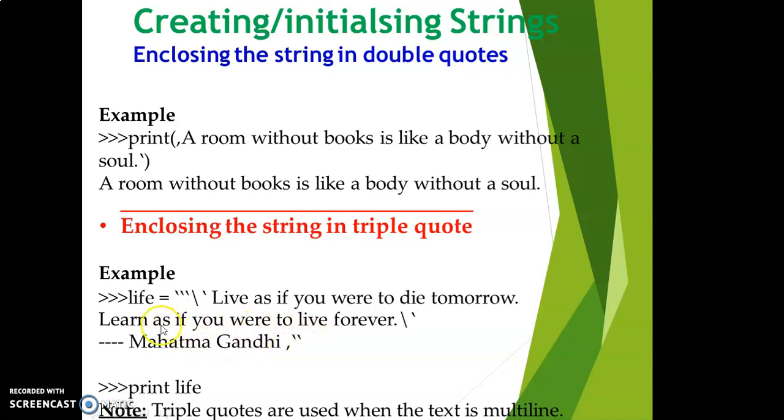So this is called a multi-line string. Multi-line text can be written by enclosing in a triple quotation. Remember it. So print life, you have to write in a bracket. All the text will be visible here.